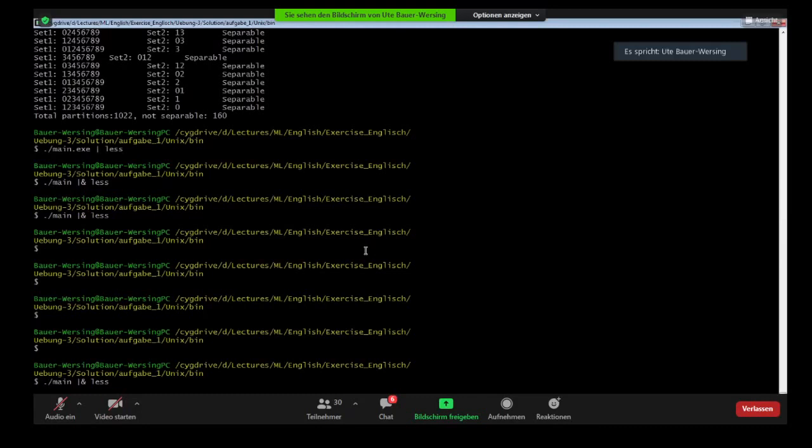Okay. So this was part A and part B. I mean, the result I'm giving here, this 160, you should end up roughly in that range. Did anyone find a completely different number of non-separable partitions?